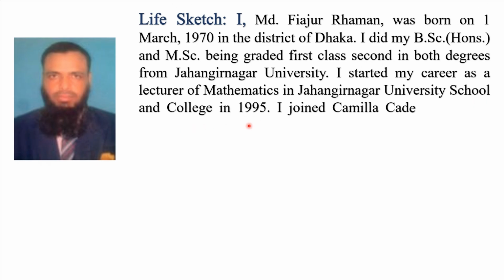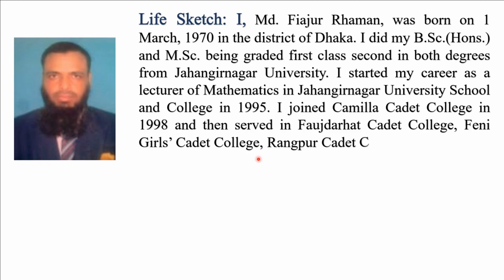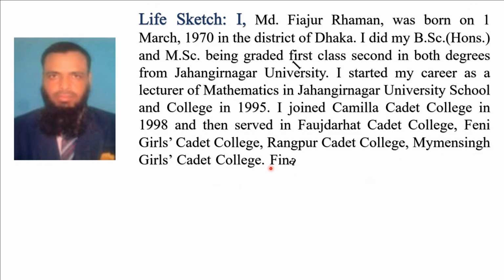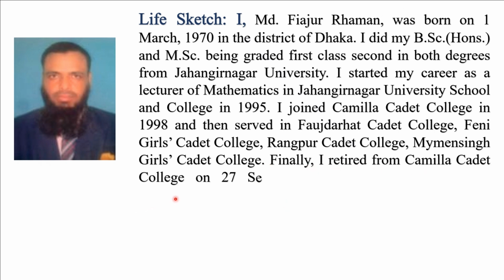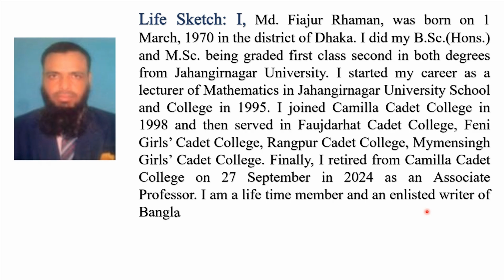In 1995, I joined Kumilla Cadet College in 1998 and then served in Fozdarhat Cadet College, Feni Girls Cadet College, Rangpur Cadet College, Mymensingh Girls Cadet College. Finally, I retired from Kumilla Cadet College on 27 September in 2024 as an associate professor. I am a lifetime member and enlisted writer of Bangladesh Mathematical Society.